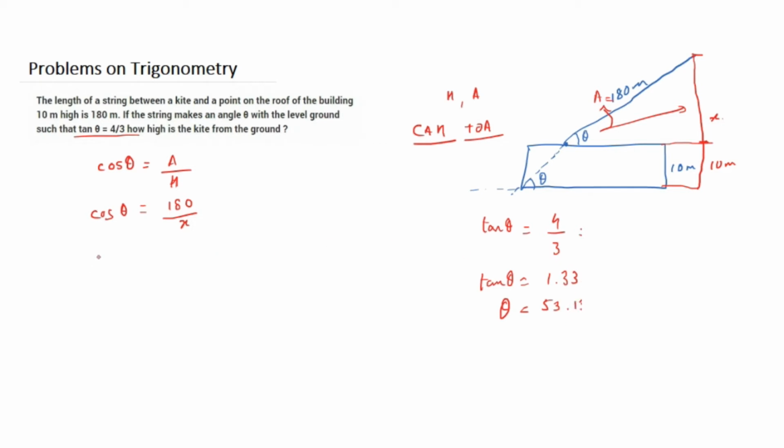So coming back to this, we know that cos of the same angle, which is 53.13, cos of 53.13 should be equal to 180 over x, or we can say that x will be equal to 180 over cos of 53.13.